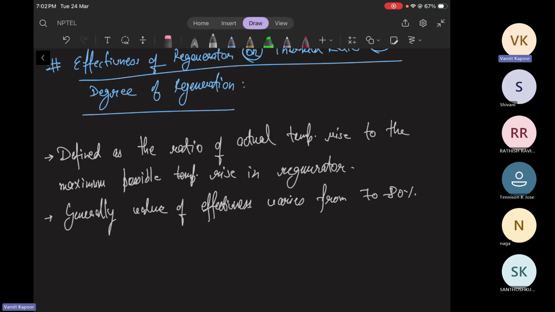What we mean by this in a physical sense is by how much the exhaust temperature of the turbine was able to heat up the exhaust of the compressor, or the exit of the compressor, T2. And whatever maximum it can give, that will be your effectiveness.